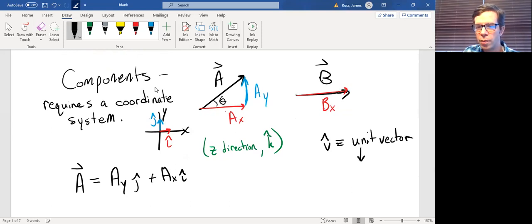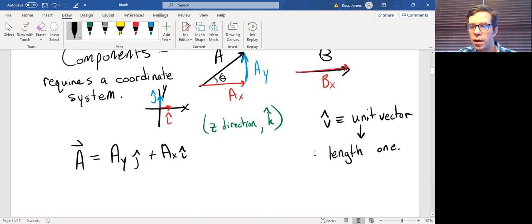And unit here just means length 1. So it doesn't change the length of your vector. Your component number carries all the information about the length. The unit vector carries only direction, and it is length 1, so that when you multiply, it doesn't change the length. So this carries direction info only.